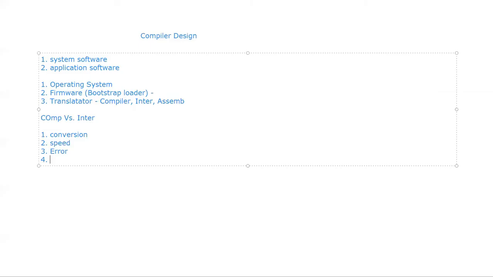While in case of interpreter, you have to go through the interpretation process again and again. You have to run your program again. The interpreter will again run your program, convert your program line wise, and then execute it, right? So the compiler will create an object file and after that an exe file, an executable file, while in case of interpreter, you don't get these kinds of files.